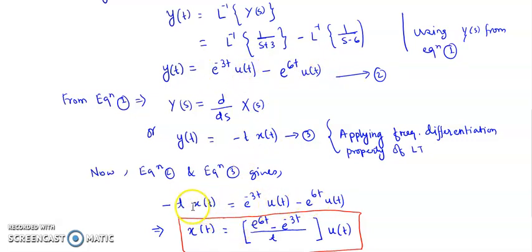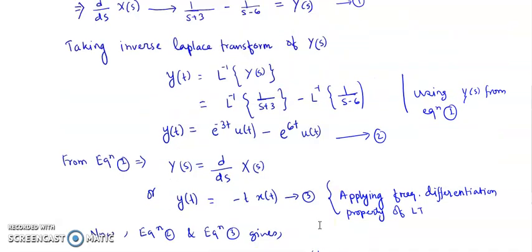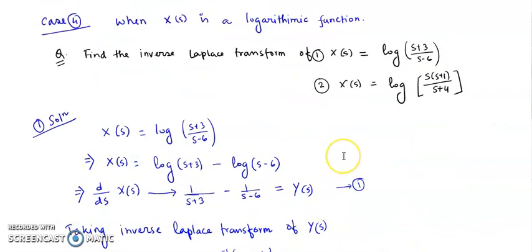If you divide by minus t, the signs change, so it becomes x(t) is equal to (e to the power 6t minus e to the power minus 3t) by t, u(t).